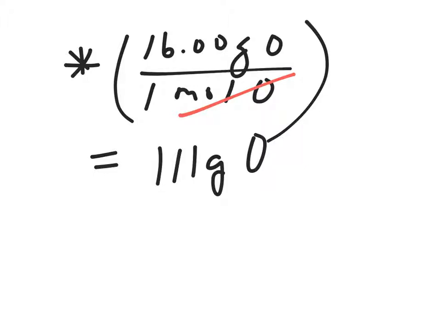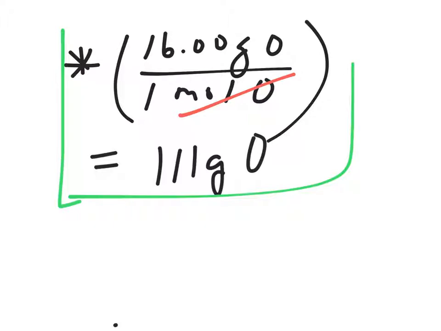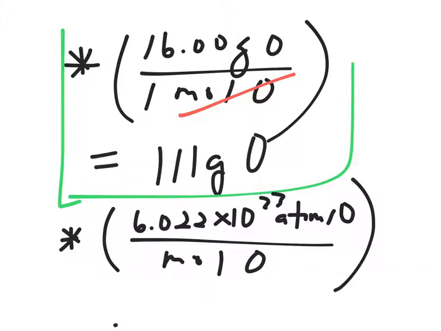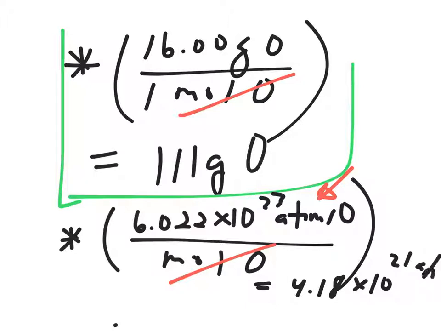If instead you wanted to know the total number of oxygen atoms, we could have done another calculation, where we would have done this step, knowing 6.022 times 10 to the 23rd atoms of O for every mole of oxygen atoms that we had, and then moles of O, leaving us with units of atoms of O. And if you did that calculation, you would get 4.18 times 10 to the 21 atoms of oxygen.